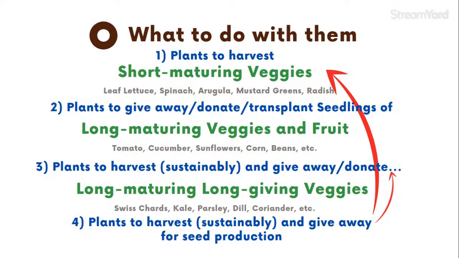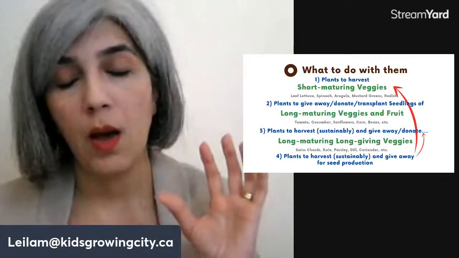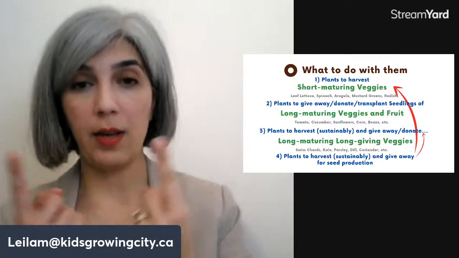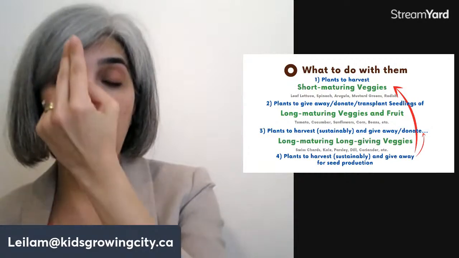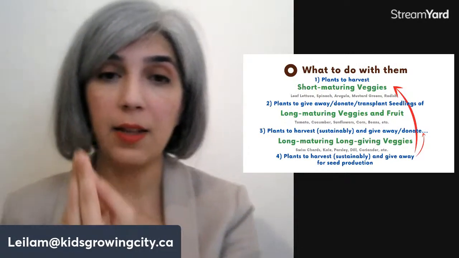So the short maturing veggies, if you don't take the entire head of leaves off of a plant, lettuce plant, it continues to grow. And harvesting sustainably is usually no more than 25% of the leaves of the plant. And you want to actually harvest from outside, the bigger leaves that are usually outside, and leave the main stem of the plant there.